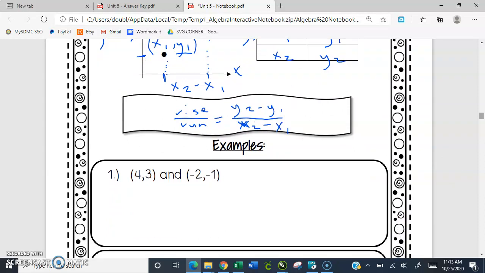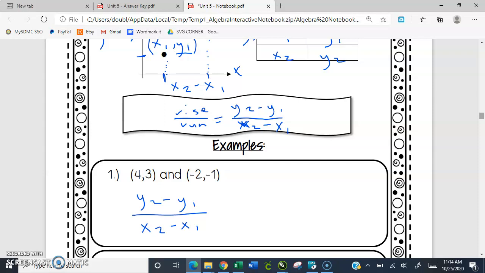So I'm going to write the equation down again. I have y2 minus y1 over x2 minus x1. And then they give us the coordinate points right here in the ordered pair. So it becomes simple, and I hate saying simple, but it is simple if you understand what's going on.